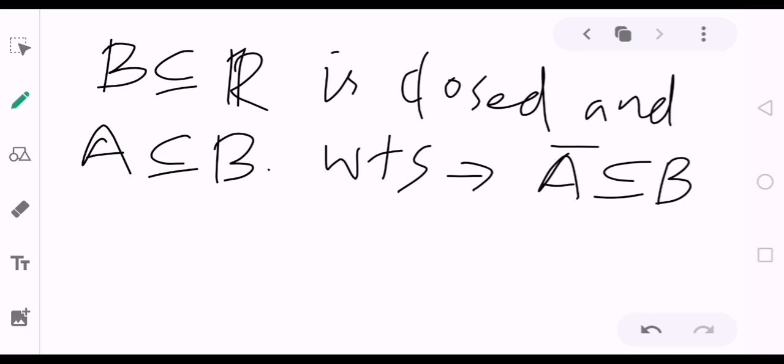So we are taking B to be a closed set and A is a subset of B. We want to show that A closure is a subset of B. In general, when we are proving one set is a subset of another set, we take one element from the first set.